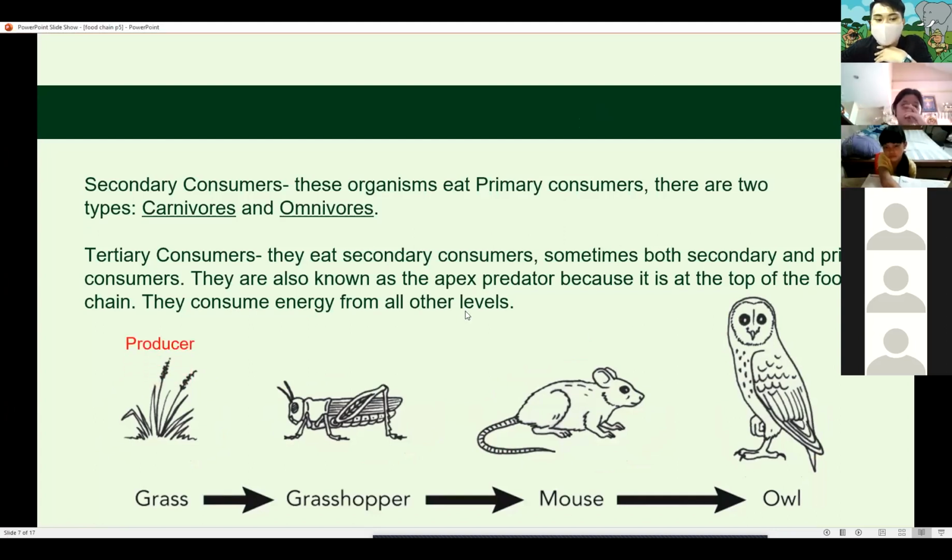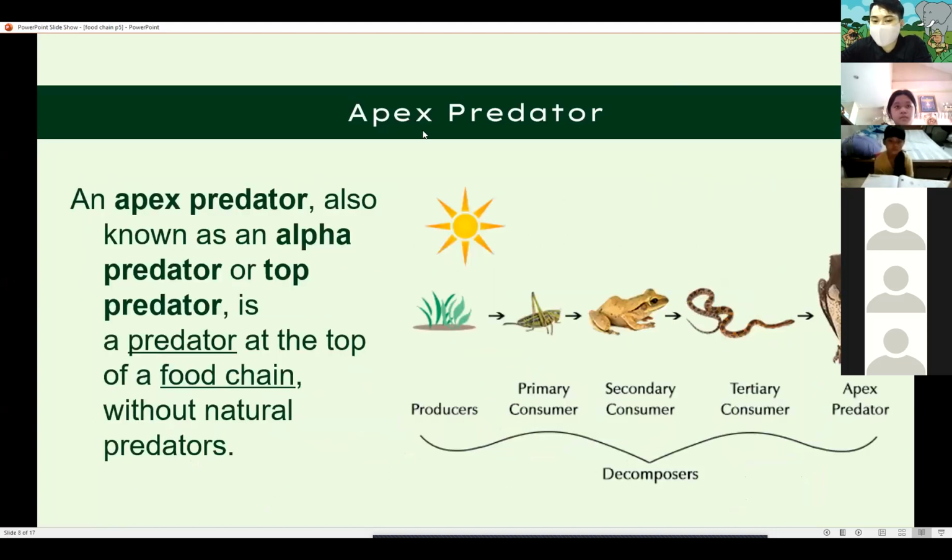The last one is, okay, so this is the producer, the primary consumer, secondary consumer, and tertiary consumer. The last one is the apex predator. So this is the fourth one. An apex predator, also known as an alpha predator or top predator, is a predator at the top of a food chain without natural predators.